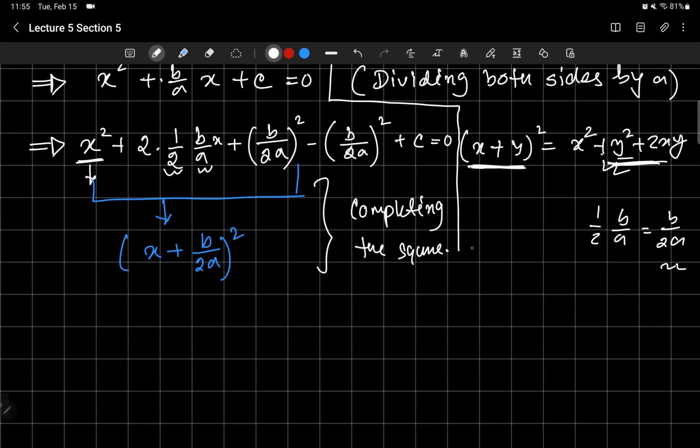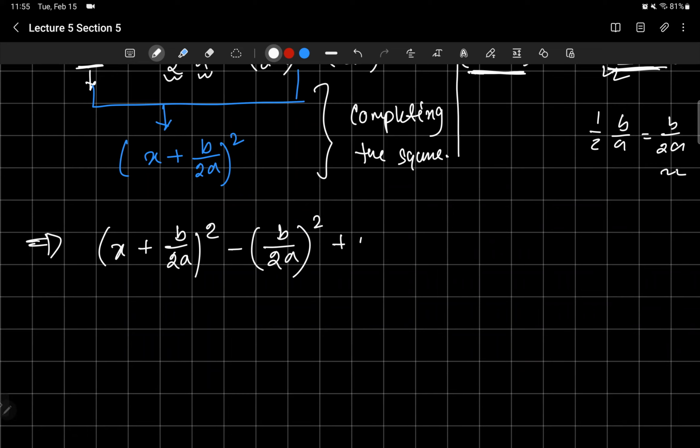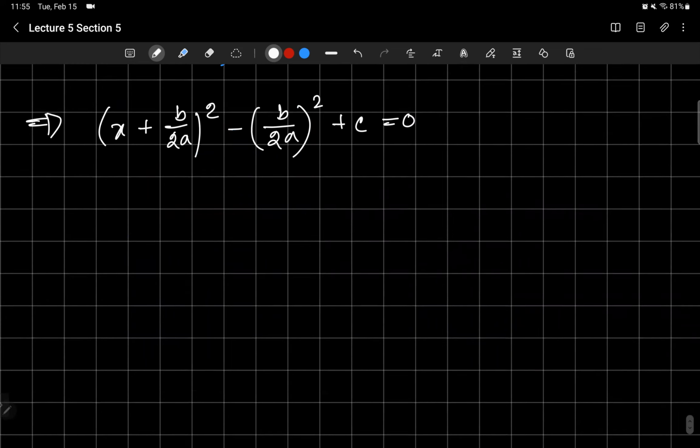If you can do this for a cube, you'll be calling it completing the cube, and so on and so forth. So with this in mind, I'll write this expression, x plus b by 2a whole square, minus what do I have? I have b by 2a whole square plus c by a equals to 0. And remember, we want to solve for x.